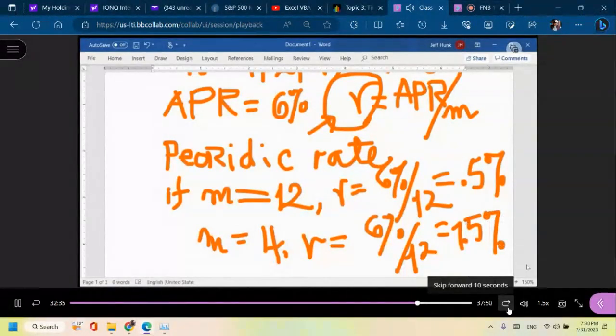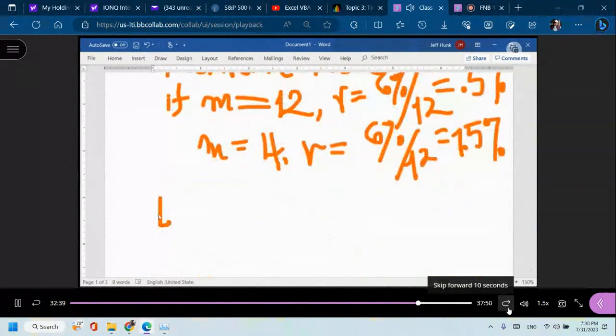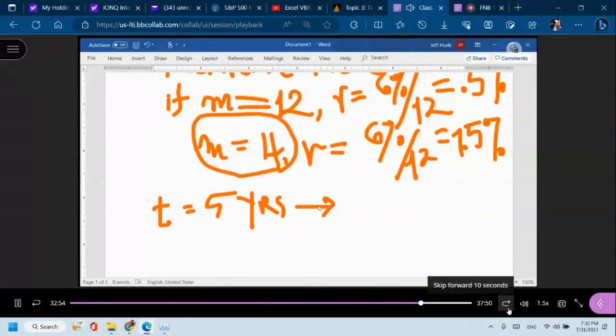Now, suppose our time is 5 years. If M is 4, how many compoundings happen over 5 years? Annually 4 compoundings, so over 5 years, 4 times 5.